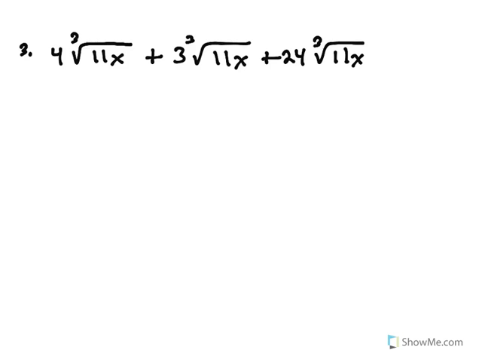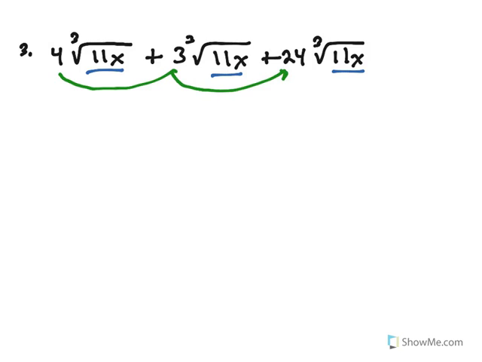Now what we have to look at is what's under the radical. This is where it matters. So 11x is common in all of the terms. So all we have to do now is combine the coefficients. We have 4 plus 3 plus 27.